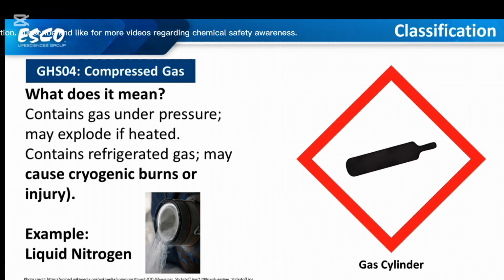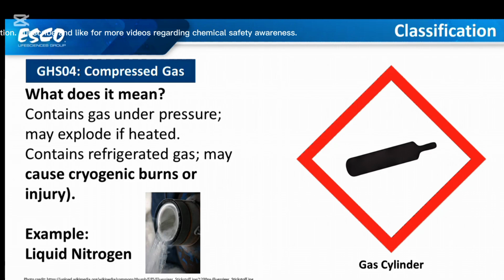Then we have the compressed gas family, GHS04. Contains gas under pressure, may explode if heated, contains refrigerated gas and may cause cryogenic burns or injury. For example, we have liquid nitrogen.